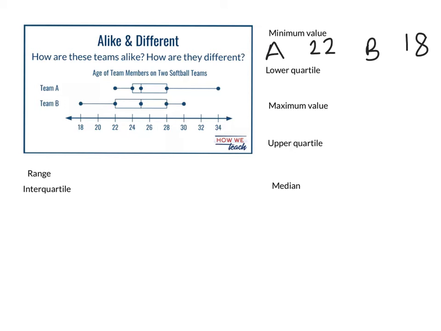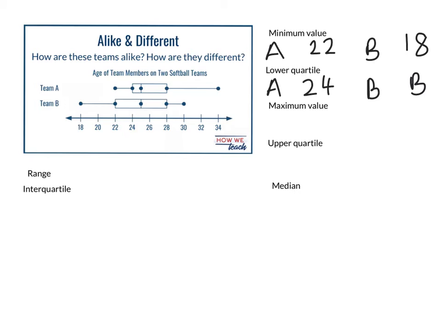The lower quartile, so that is where the first part of the box appears. The lower quartile in Team A is going to be 24, and the lower quartile in Team B is 22.